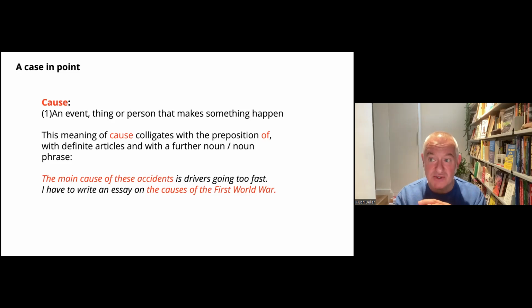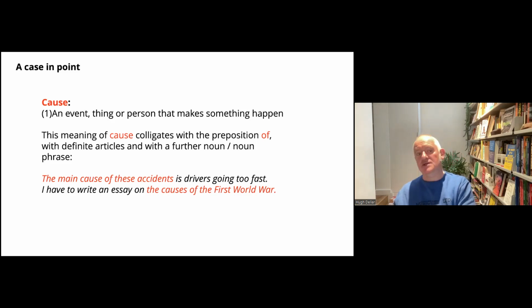It's usually followed by "of", usually with a definite article, the cause or the causes of, and usually there's another noun or noun phrase after it. So you get things like, the main cause of these accidents is drivers going too fast. I've got to write an essay on the causes of the First World War.